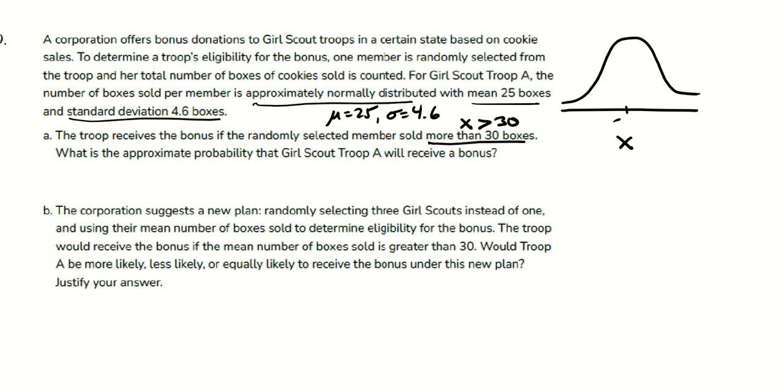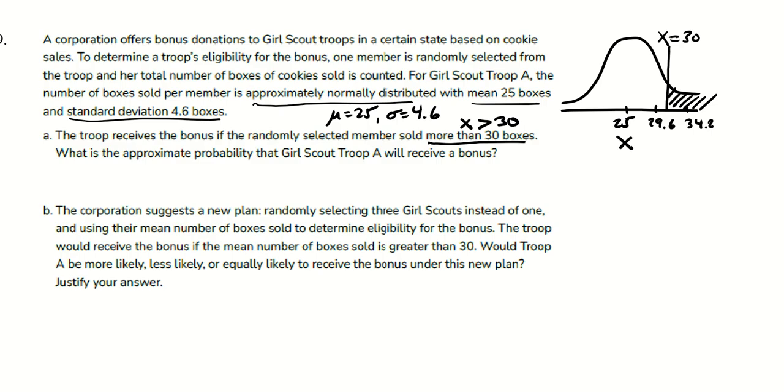So we have 25, and then it goes by 4.6s on the left or right. If I add one standard deviation, this would be 29.6. If I add another standard deviation, that's another 4.6, which is 9.2, so it's going to be 34.2. So 30 boxes is around here, and we're going to shade to the right.